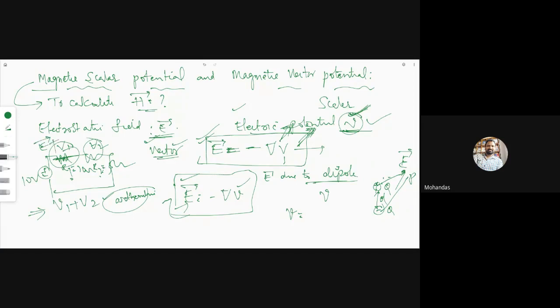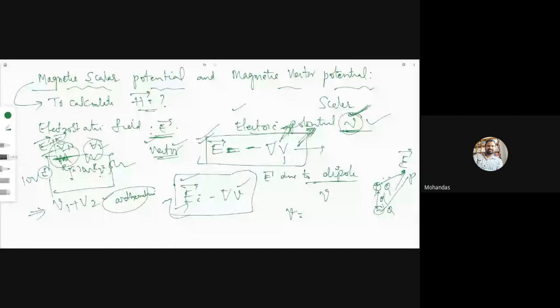To get the electric field intensity at R1 and R2, you have to add them vectorially. So I have introduced the scalar quantity called voltage.